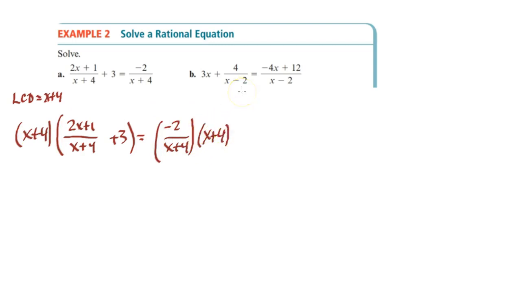I'm multiplying both sides by the same thing, and that is the multiplication property of equality, which we've dealt with in solving equations. If you multiply both sides of the equation by the same thing, it's still equal. The left side still equals the right side, because I've done the same thing to both sides. I multiplied by the LCD.